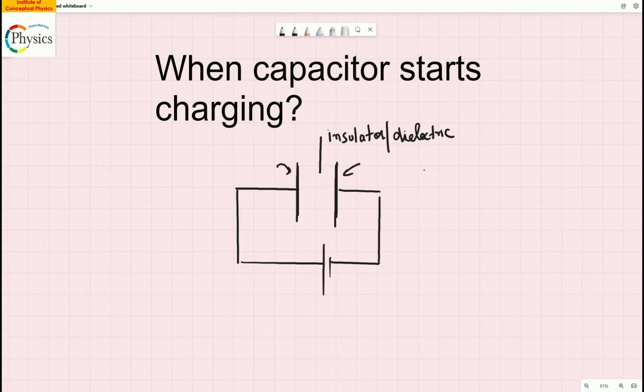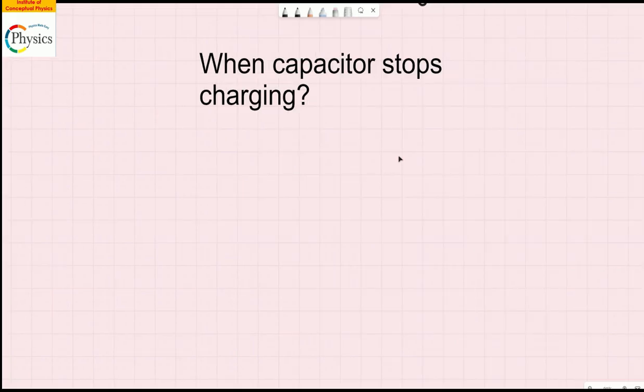So what is the answer? The capacitor starts charging upon connecting the two plates separated by an insulator with the battery.